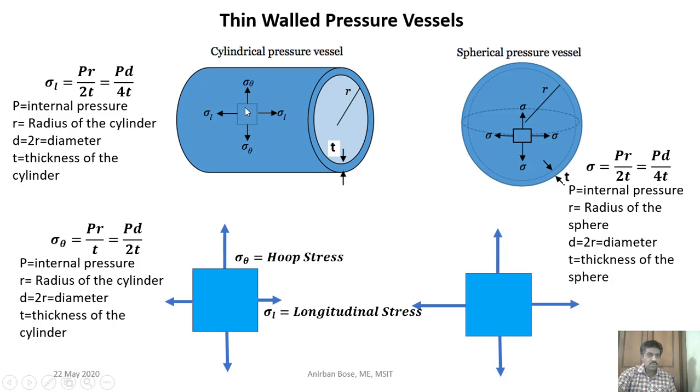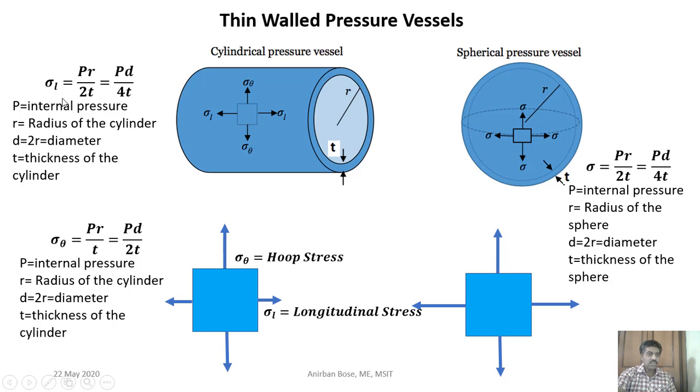So you can see two normal stresses in two different axes that will act. Okay, and no shear will act within a pressure vessel unless some torsional load is applied. If only internal pressure is there, you can see two normal stresses, and those are tensile in nature, will be developed. Now their magnitudes can be calculated from this formula.